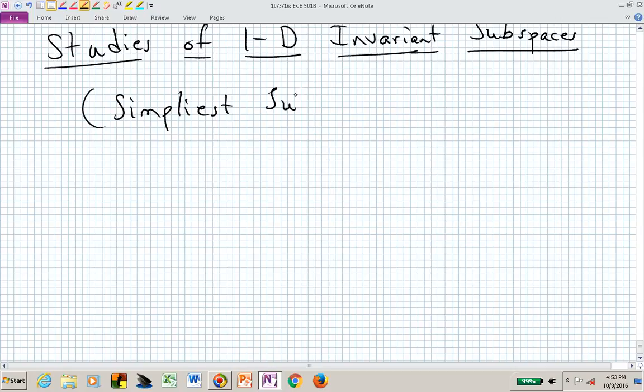Simplest subspaces that are in fact invariant. Or maybe I should say simplest subspaces that are, let's say, interesting.